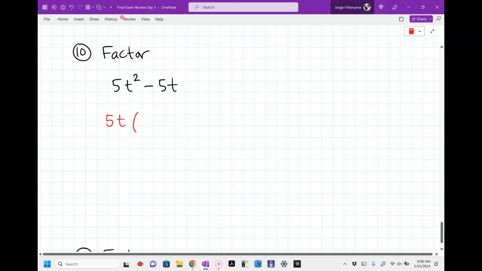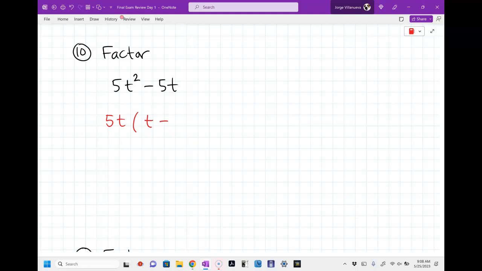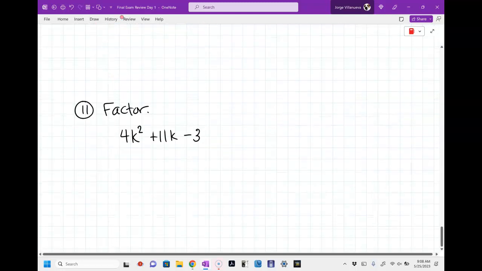If I take out a 5t from 5t squared, I'm left with a t minus. And if I take out the 5t from 5t, all that's left is a 1. And you're done. This problem's finished. Are we okay with that one? Real quick, right? Last one for the day.